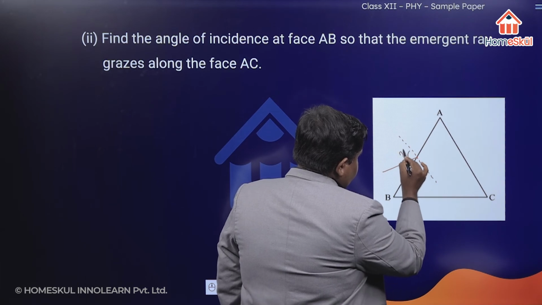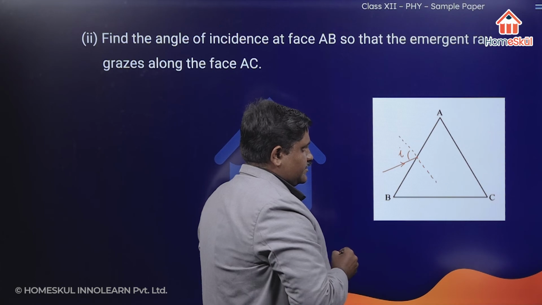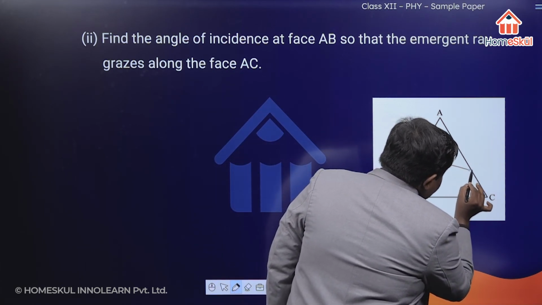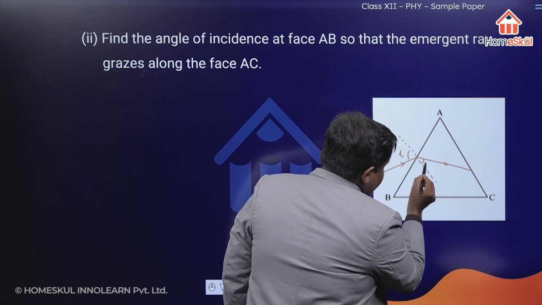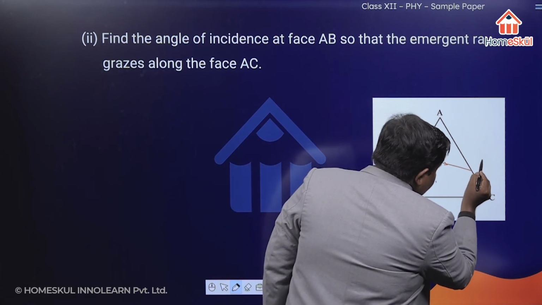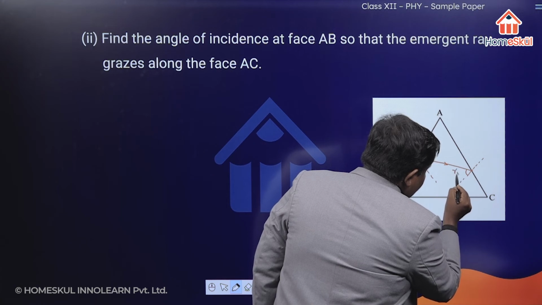Let this angle be I, that is the angle of incidence. Okay, then it bends towards the normal and strikes the face AC. Here the angle is R1. Then again we have to draw the normal here. This angle we take as R2.